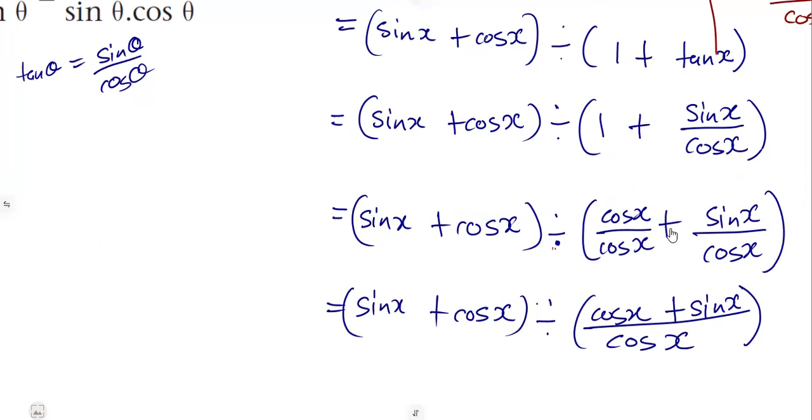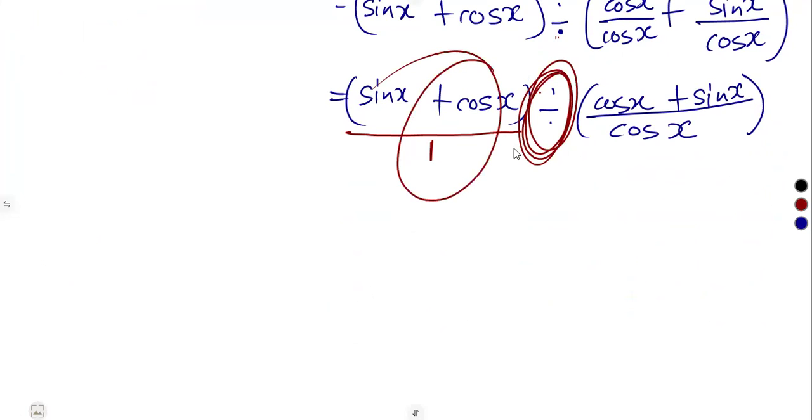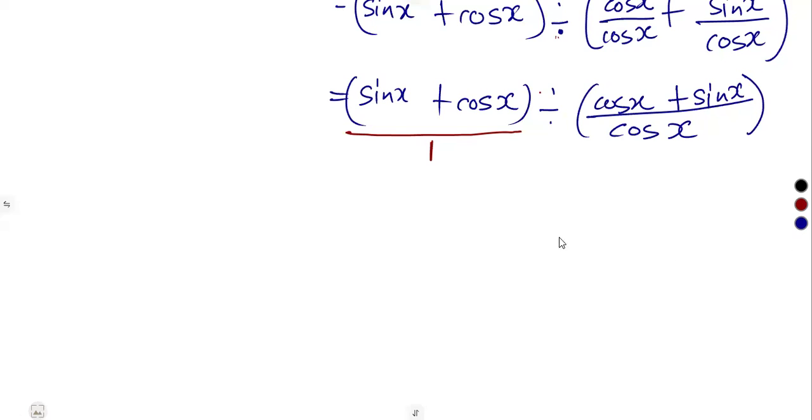It is a division. We have this one as a fraction, and this one also can be written as a fraction because it's just over 1. So where the division is, and you see a fraction and another fraction, you can now introduce the multiplication sign.